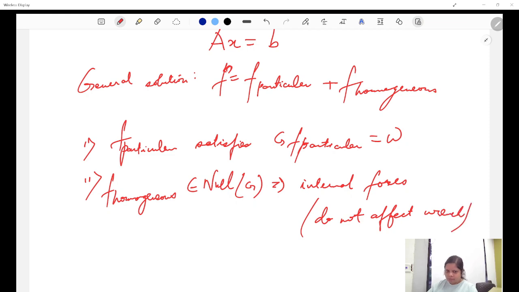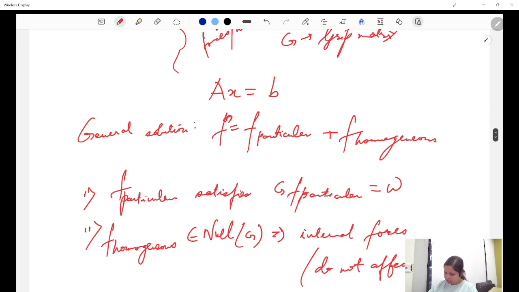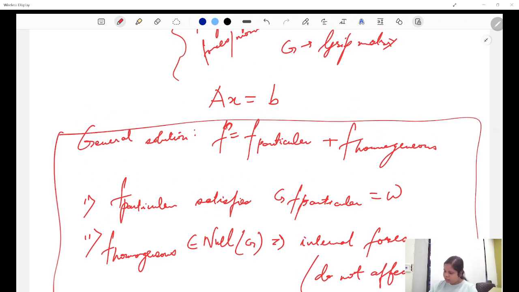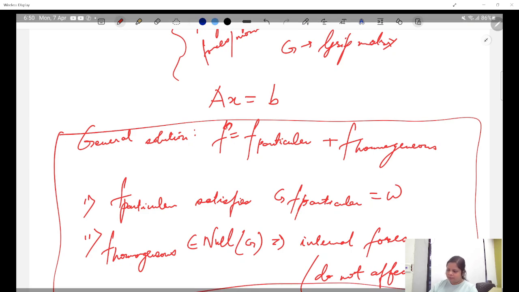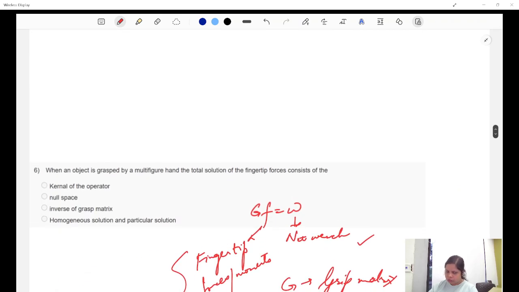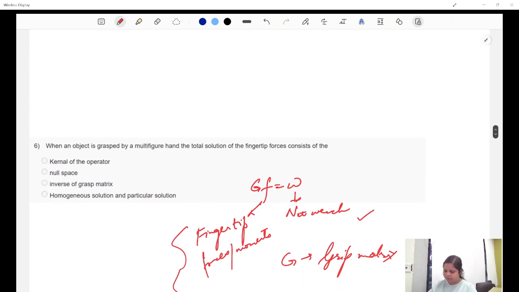Okay, so this is your correct answer. Basically you need to remember that it has two solutions, one of them related to the external forces and one of them just related to internal forces, which does not have any impact on the object. The first option is kernel of the operator, which just refers to the homogeneous part.